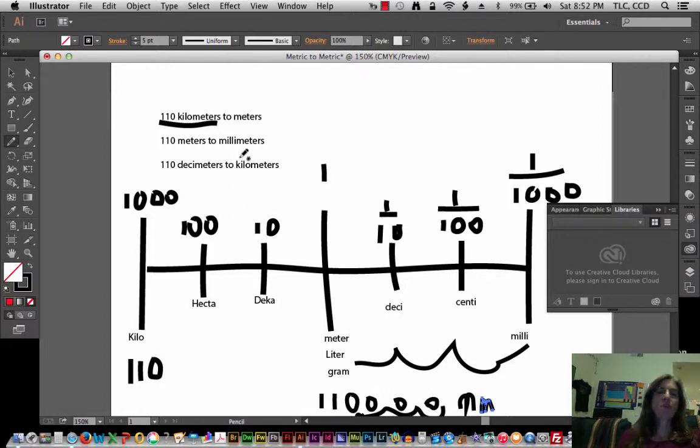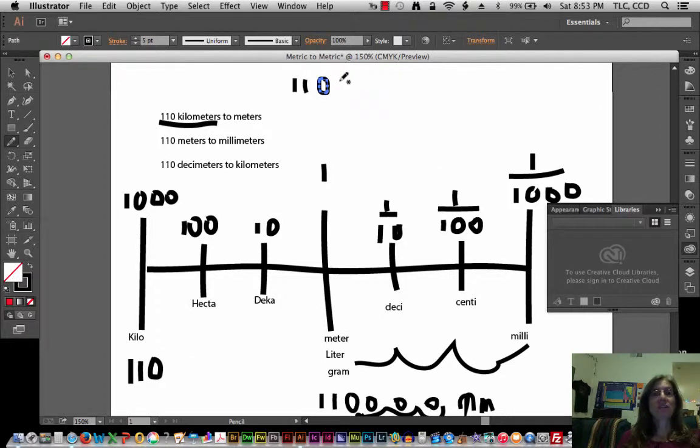Of course, if you were to start with 110 kilometers, and we wanted to go all the way over here to millimeters, then we would have 1, 2, 3, 4, 5, 6 moves.